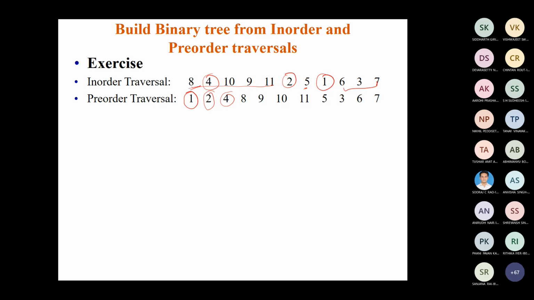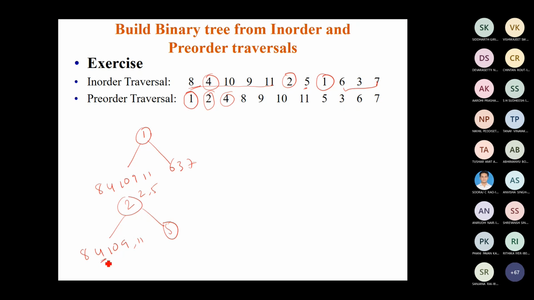If you construct this way, you can produce 1, then you will get 6, 3, 7. Finally, you will get 8, 4, 10, 9, and 11, and finally 2. The next node is 2, so you have a 2 here, and 5 is going to be the right child of 2, and 8, 4, 10, 9, and 11 are the right child of this.